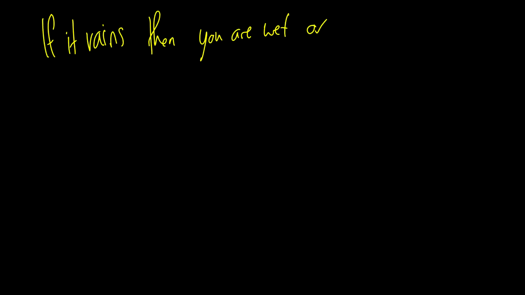This is sort of an everyday, kind of fun proof. If it rains, then you are wet or you are inside. Well, it's kind of hard to say, if it rains, I'm wet or I'm inside. So let's prove the contrapositive.